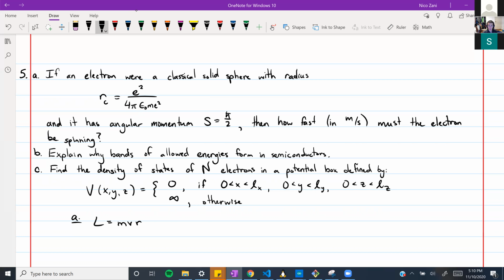So let's actually do not this one, but m omega r squared. Yes. Okay. Any questions about why I'm using this idea for angular momentum?